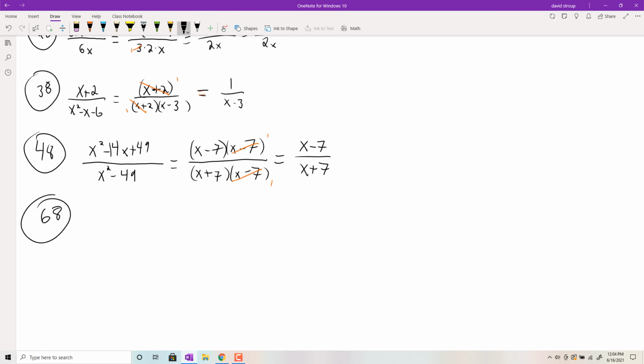68. We have 9, which I wrote as an upside down 9, 9 minus 15x all over 5x squared minus 3x. Okay, so again, we're factoring out common factors. In the numerator, we could factor out 3, and we get 3 minus 5x. In the denominator, we could factor out an x, and we'll get 5x minus 3.